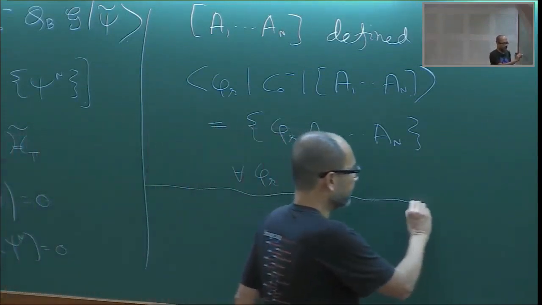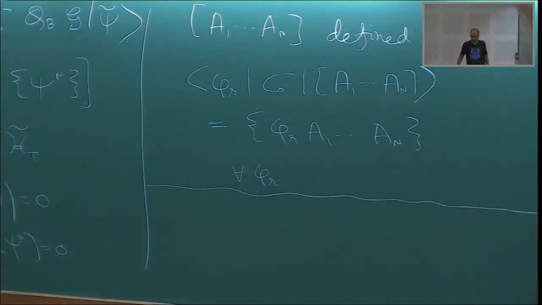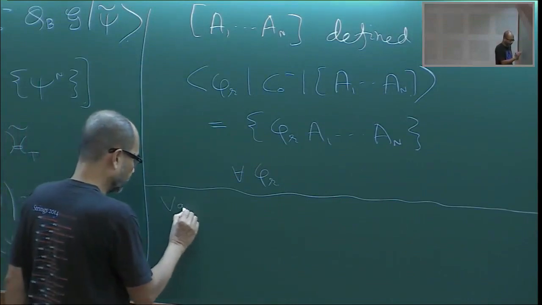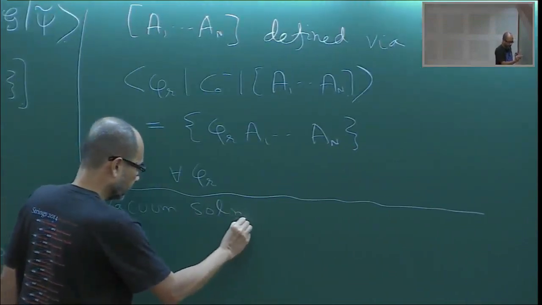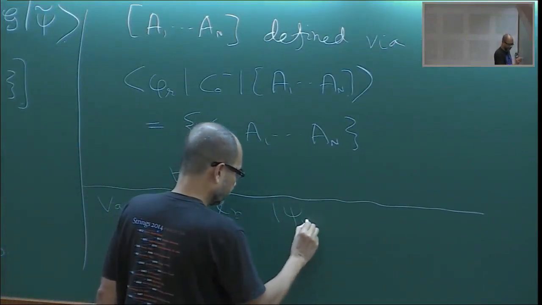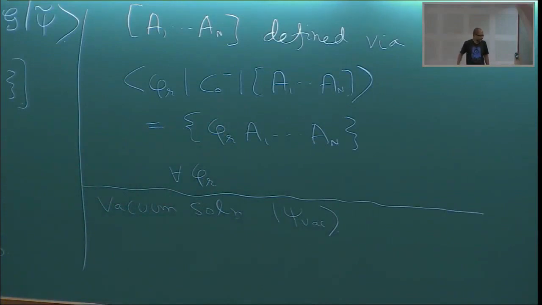So now the first task in this approach is to construct the vacuum solution, which I'll call psi vacuum. This is not necessarily trivial because, as we discussed yesterday, naively you would think that setting psi and psi tilde equal to 0 should solve this equation.